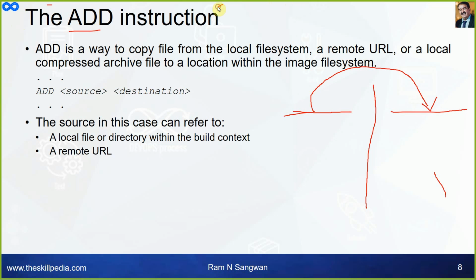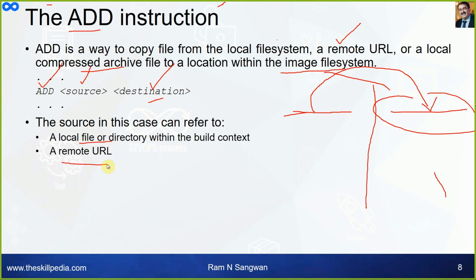The good thing is that it supports local files, remote URLs, and compressed files to a location within the image file system. I'm talking about this now, this is the image file system. So you specify ADD source, then space, destination. The source can be a local file, a remote URL, or a compressed file.